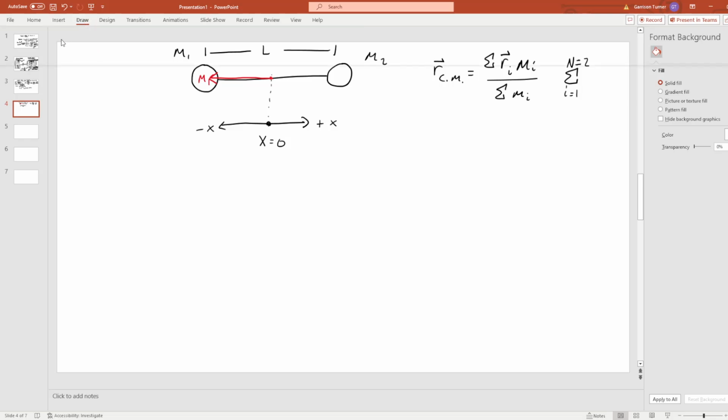Let me actually delete that so the arrow isn't overlapping with the M1 subscript there. Okay, so this is going to be R1, and this is going to be R2.